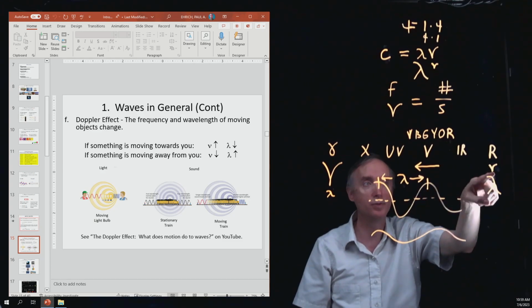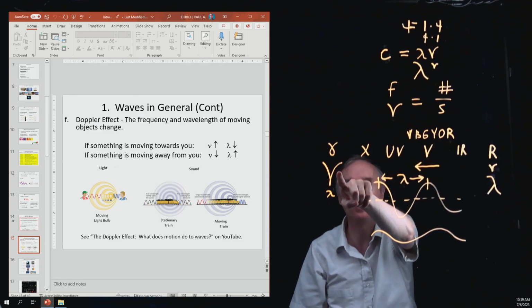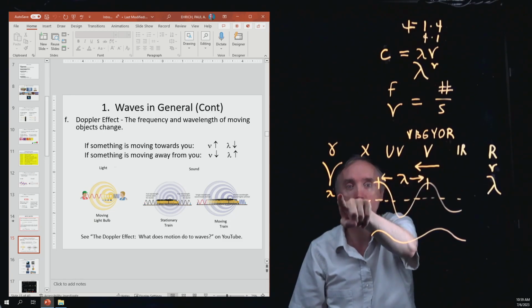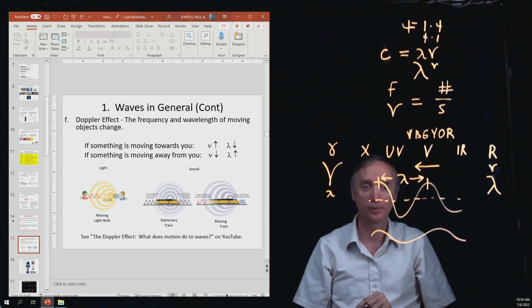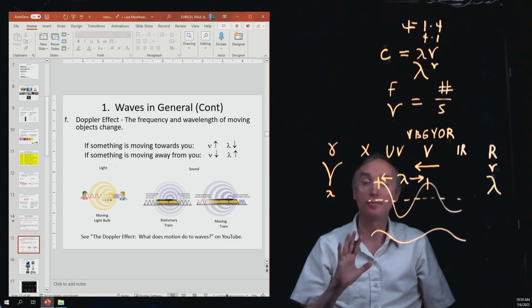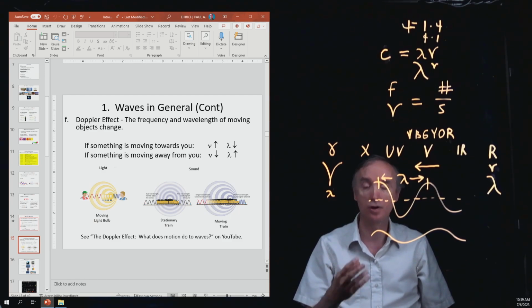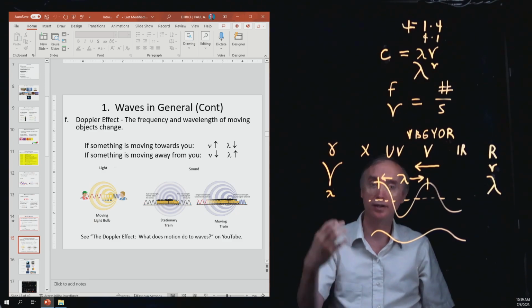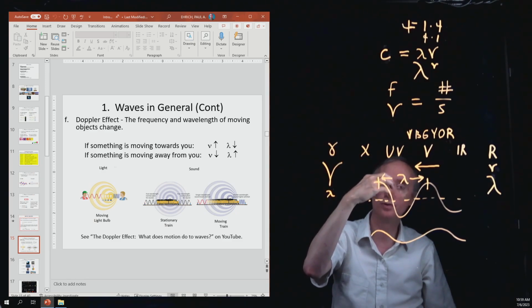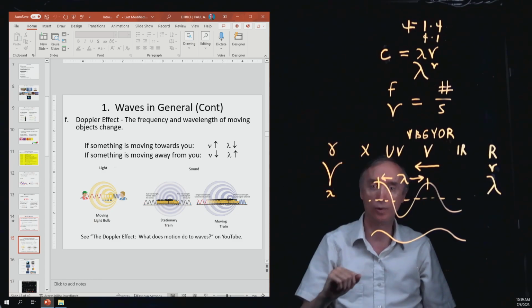I'm not going to ask you any questions about sound on the exam, but I do expect you to understand what happens to light, and especially this red shift, blue shift thing, because the colors of stars really do change if that star is moving towards you or moving away from you.